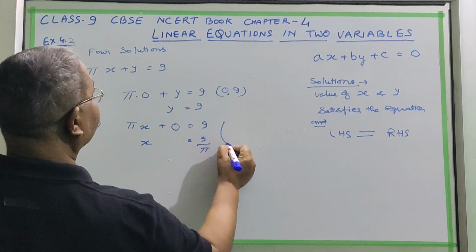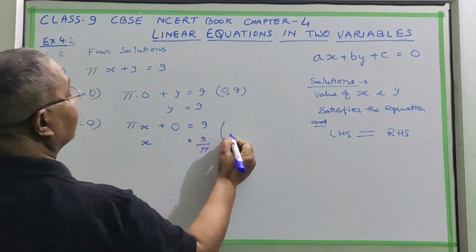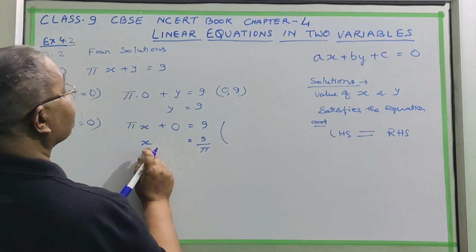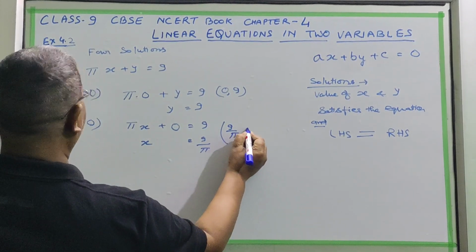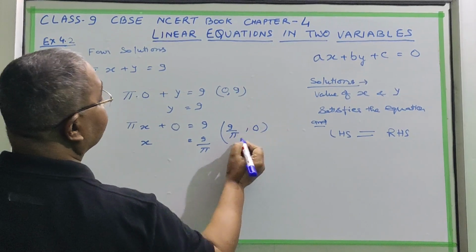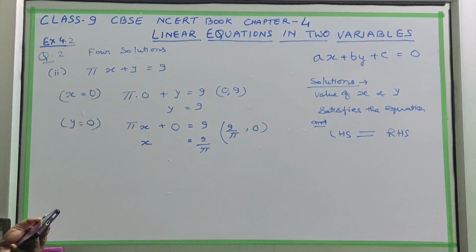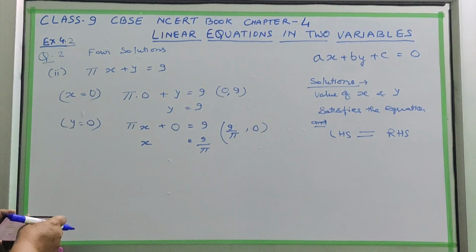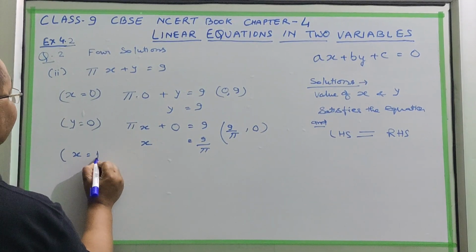So what are our two values? Two values are y equal to 0 and x is equal to 9 upon pi. So first we will write 9 upon pi and then y value. So this is the value we can write. Now 4 you have to give. So now you can take x is equal to 1.